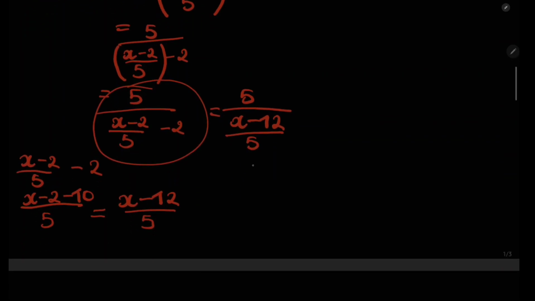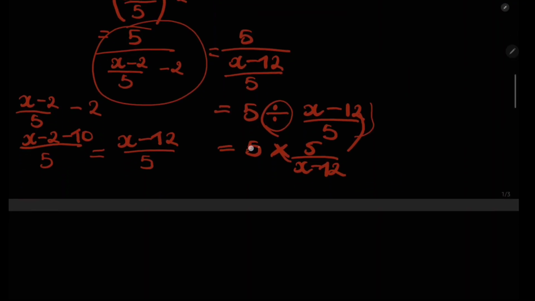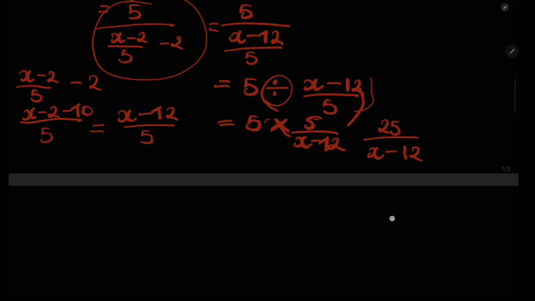This is just 5 divided by x minus 12 on 5. So from here you have 5 times 5 on x minus 12. If you want the division sign to change, you replace it with a multiplication sign and switch the numerator and the denominator. So now we have 5 times 5, which is 25 on x minus 12.